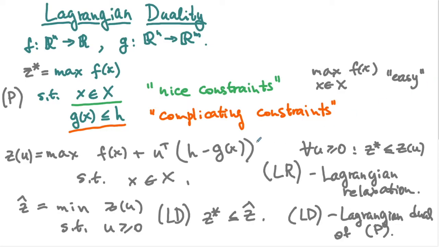We'll assume that all the functions involved are linear here, and integrality is a part of the constraints on the variables x. So now we are dealing with the following problem.